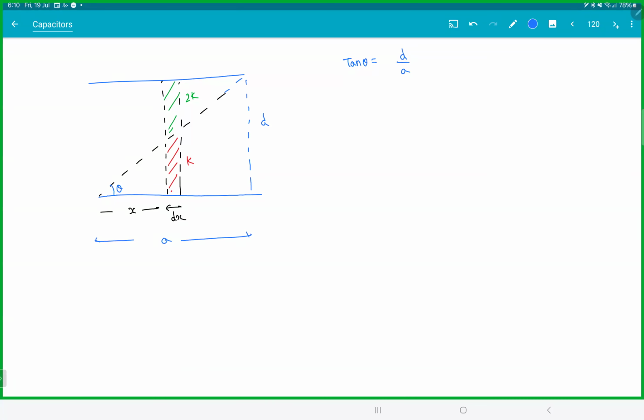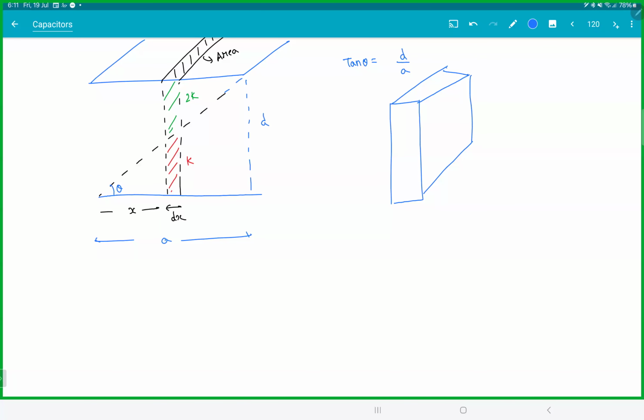Now, if you look at these two pieces here, this would be the area. It's a very thin piece, you can almost ignore this. This would be x tan theta, and this would be d minus x tan theta.